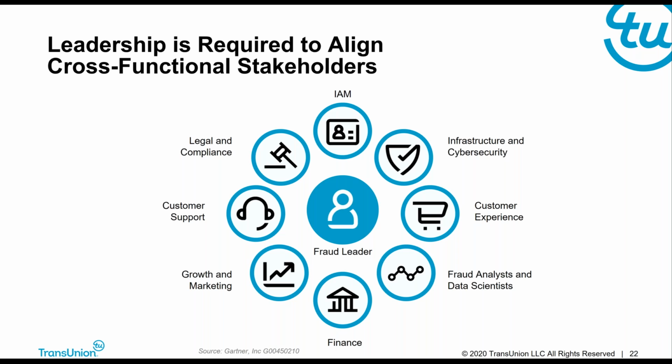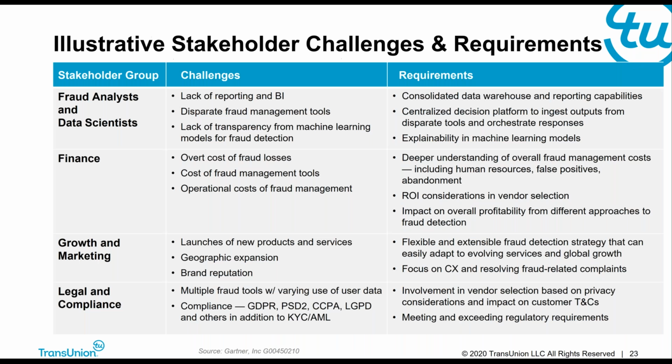Gartner, in the report, goes into a lot more depth on this, but really it's important to be having those conversations with the constituents from all these different parts of the organization so that you can understand their challenges and requirements, and make sure that you're creating measures and input that takes those requirements into account.